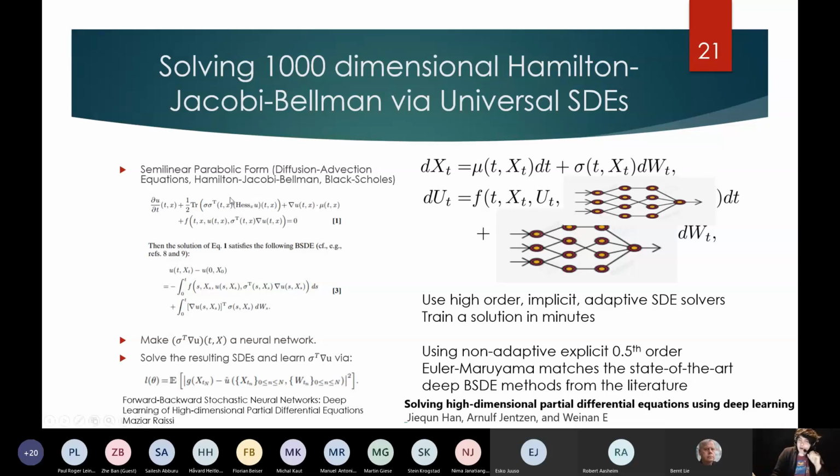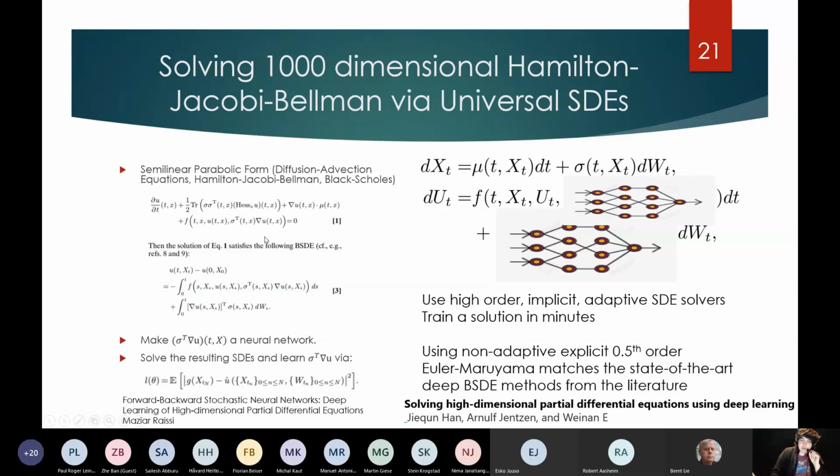Here we have a semi-linear parabolic form, like the Black-Scholes equations or nonlinear Black-Scholes equations, where the number of dimensions is the number of terms in your portfolio. So it's not unreasonable to have a thousand-dimensional partial differential equation, because that would just mean you have 1,000 financial assets that you're trying to optimize over.